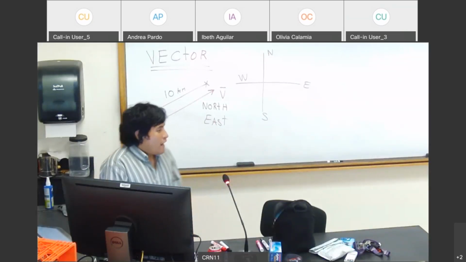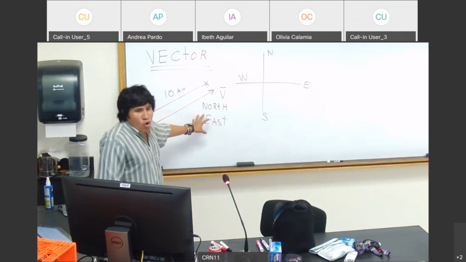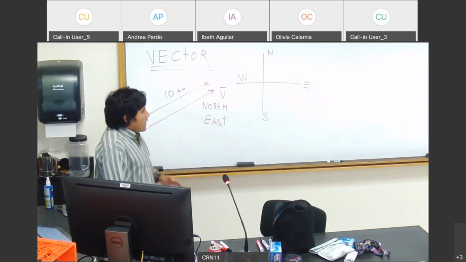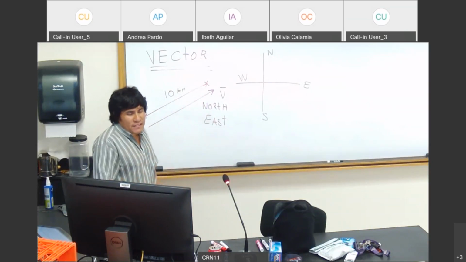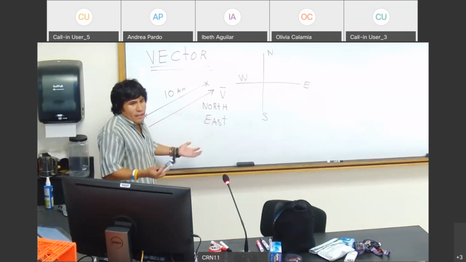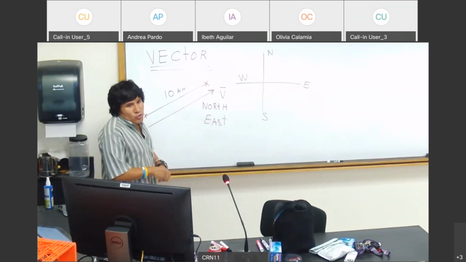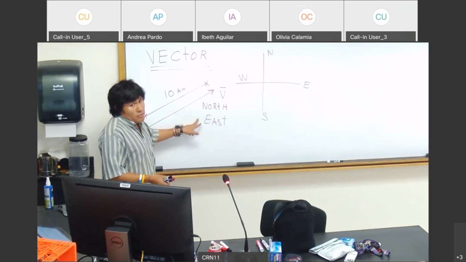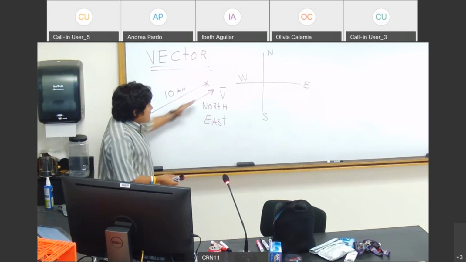You already know about directions, north, northeast, about finding different places on the map. So that's an empirical way to get to know what a vector is.